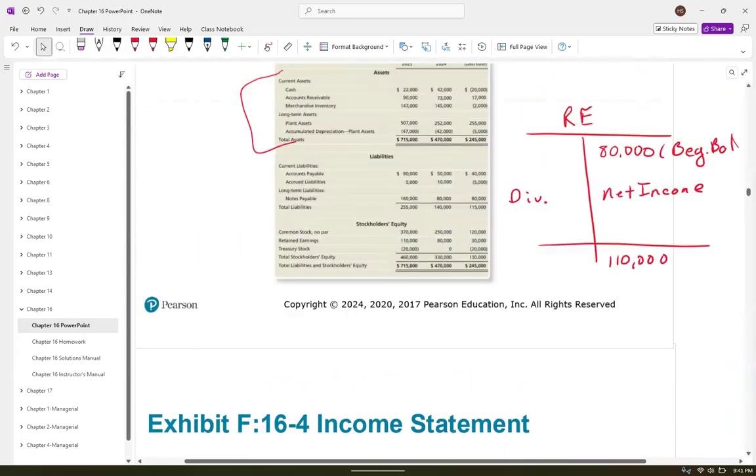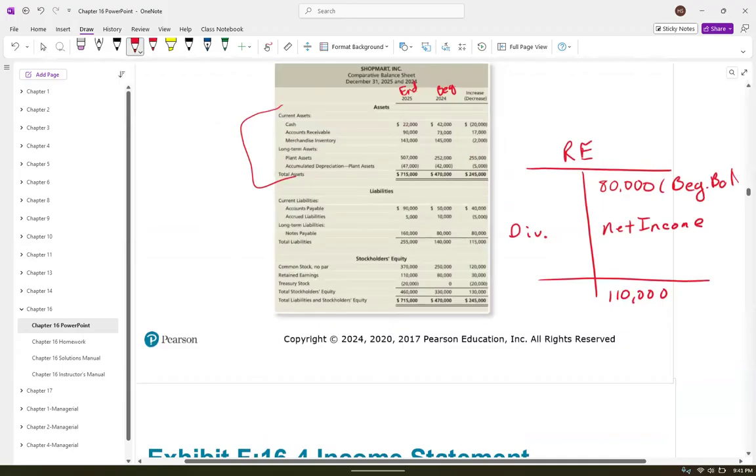So I'm going to come back up here. Net income was 40,000. Now we're going to back into what dividends are because everything else that left has to be dividends. So let me put it in my calculator. We should end up with 10,000 in dividends.